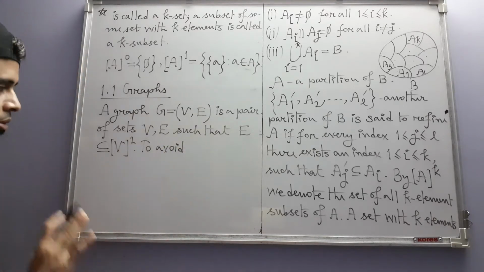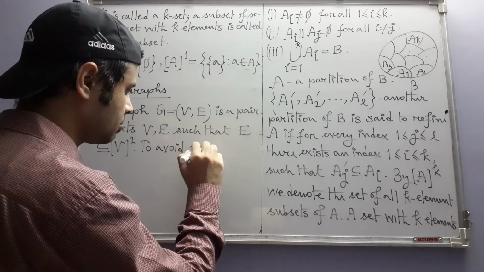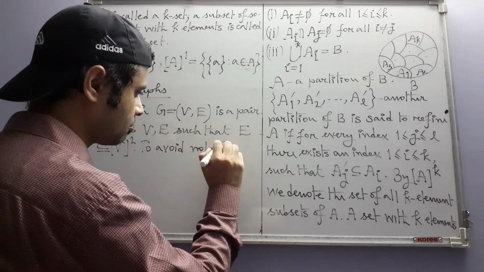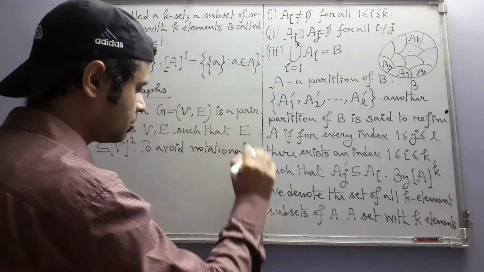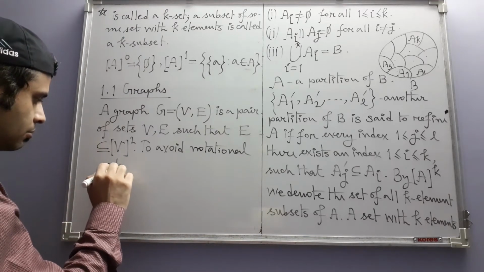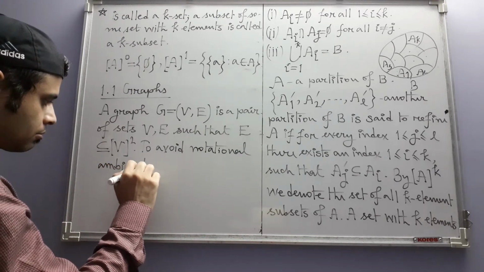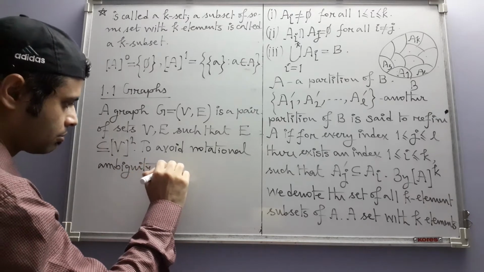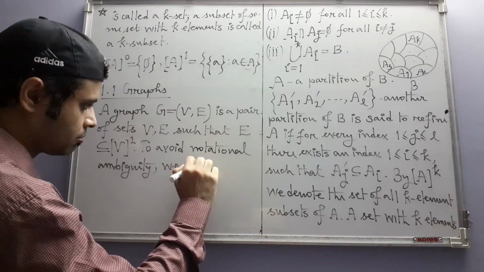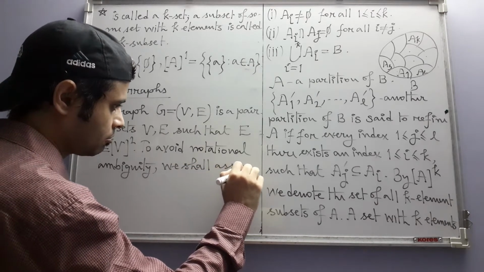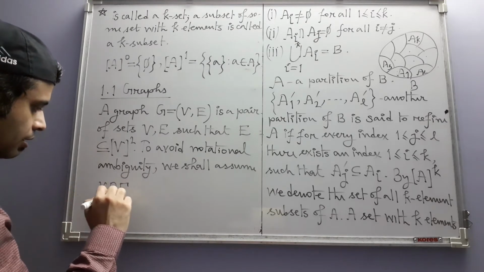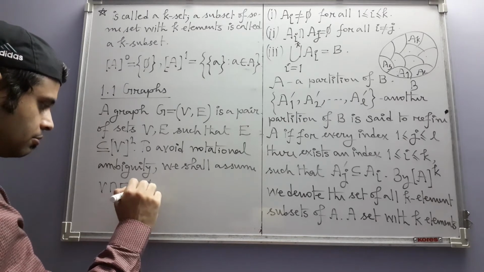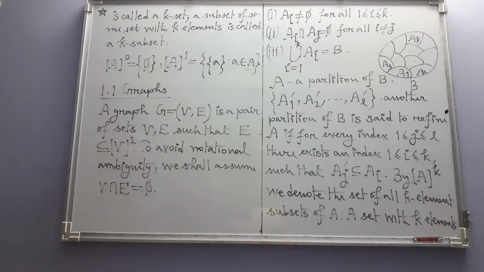We will discuss what it means. To avoid notational ambiguity we shall assume that V and E are actually disjoint. Okay, so now what does the definition mean actually?